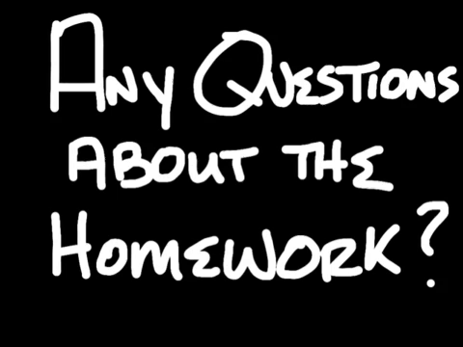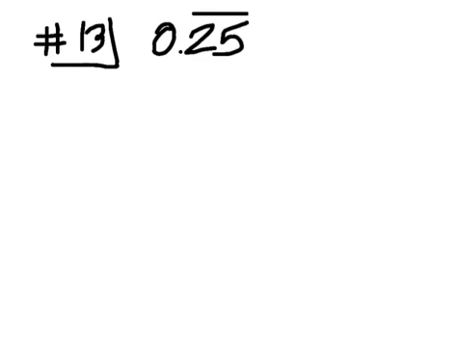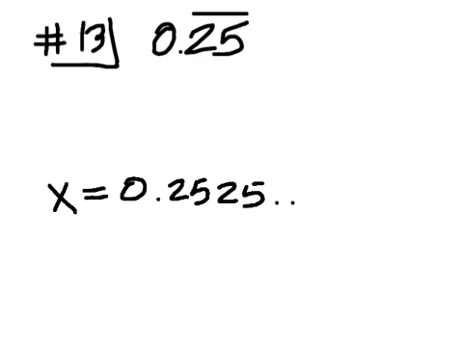Are there any questions about homework? I think we already had some, so we'll insert a screen here and work it out. To change this to a fraction, you must let x equal 0.2525 repeating. Since you have 2 digits repeating, multiply everything by 100.